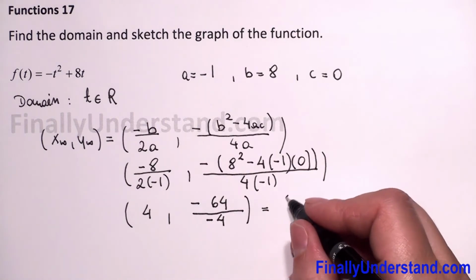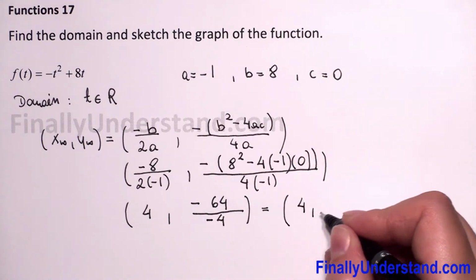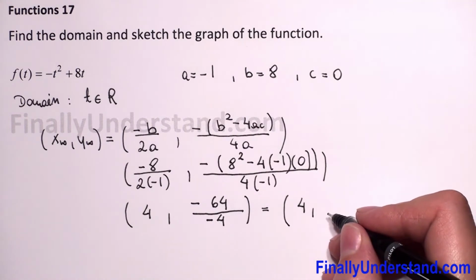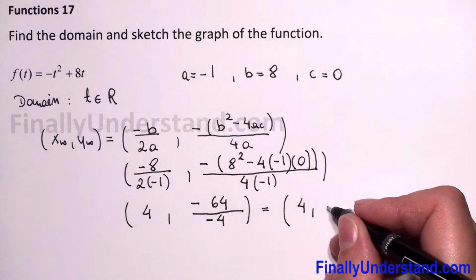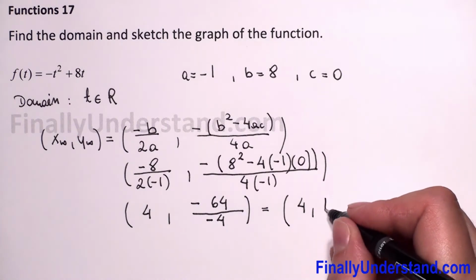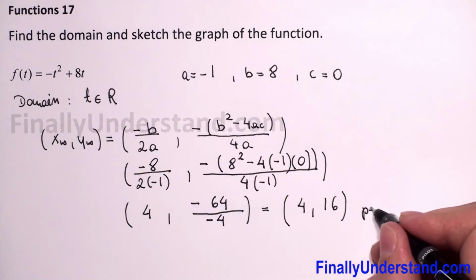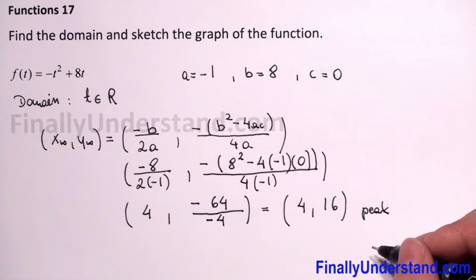So our peak will be 4. Negative over negative give me positive. So it will be 64 over 4 is 16. We have peak of our parabola.